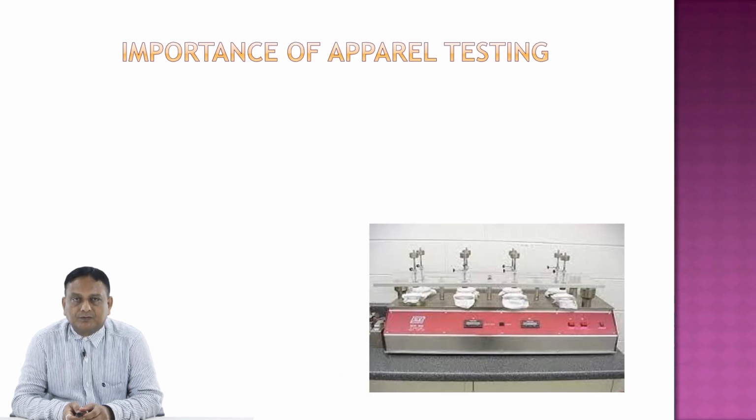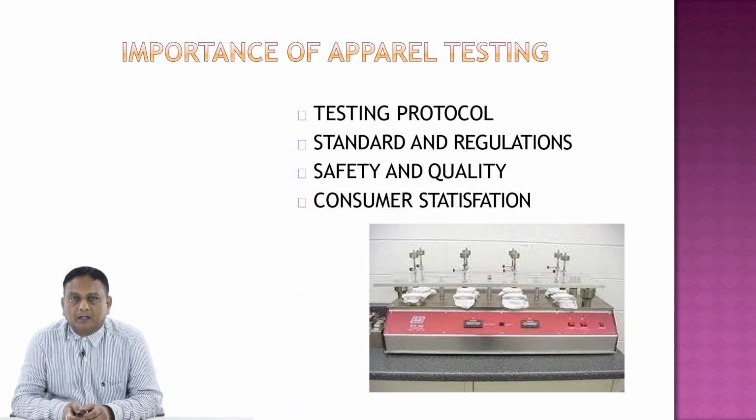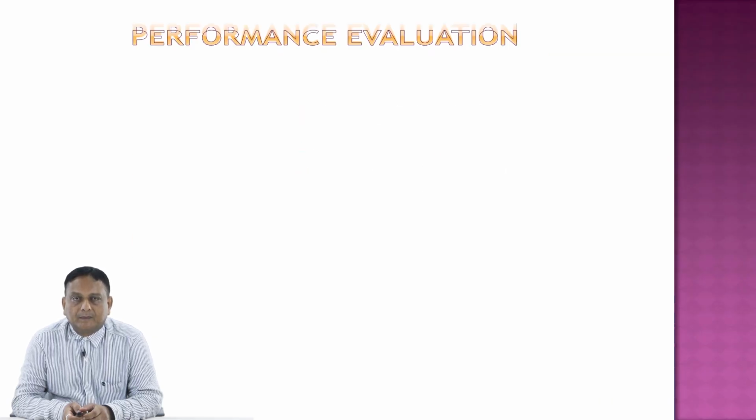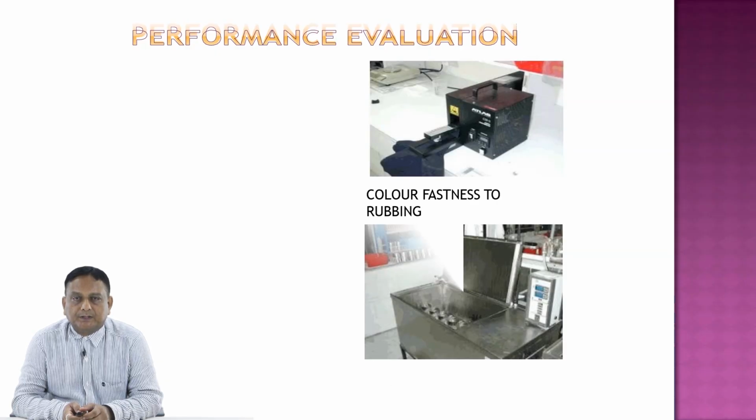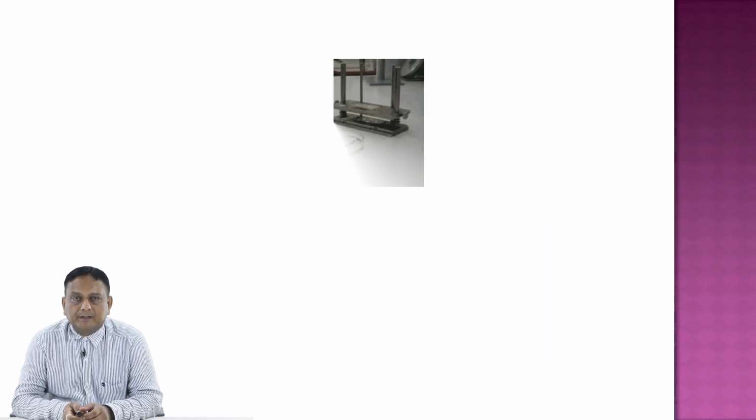Now then comes the importance of apparel testing, why apparel testing is important, and the different types of regulations that are there. It is important from the quality point of view and the safety point of view of the garment. It leads to consumer satisfaction, and different standards are used for that. And for performance evaluation, as we have already discussed, colorfastness to rubbing is important, then colorfastness to washing is important in this case.